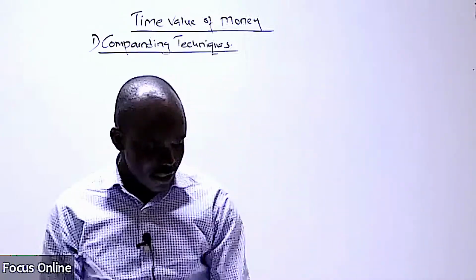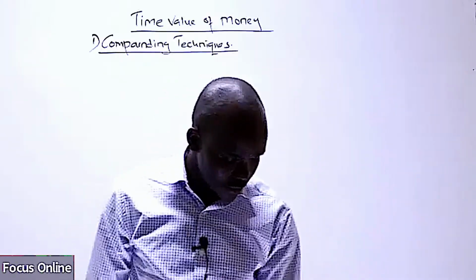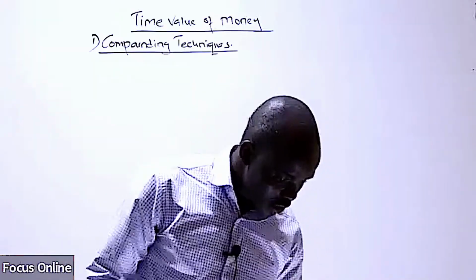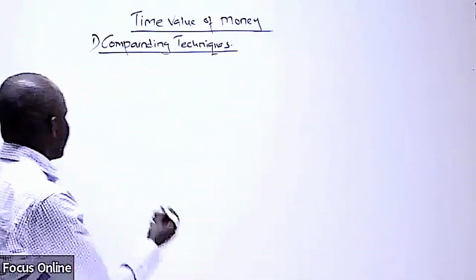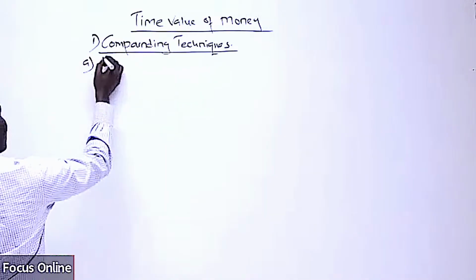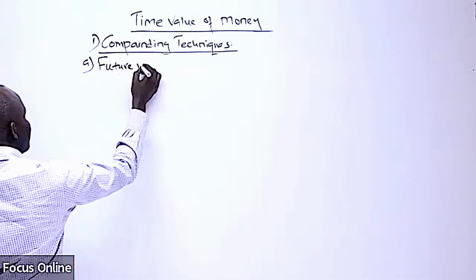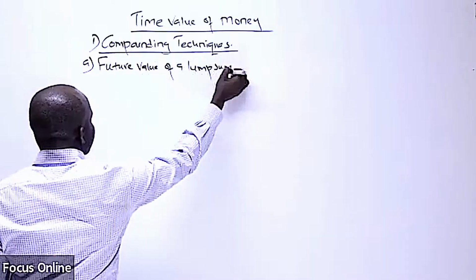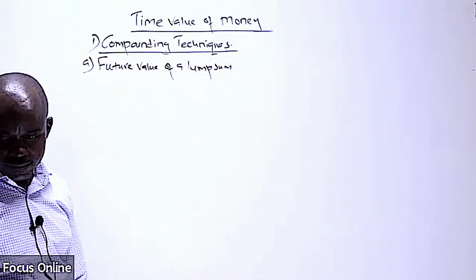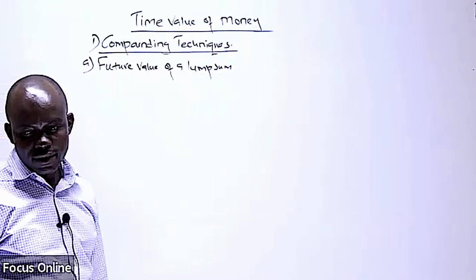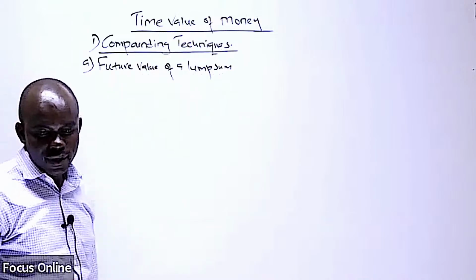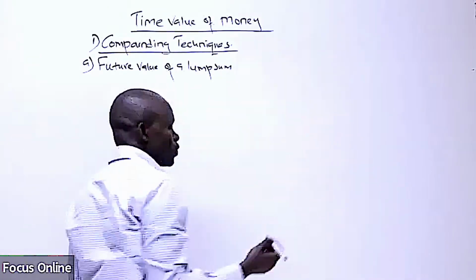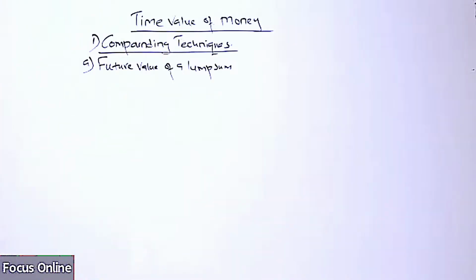Just write concepts of compounding, or compounding techniques, and we start with the first one: future value of a lump sum. Alan? Okay, I will share, but the handout is more summarized.